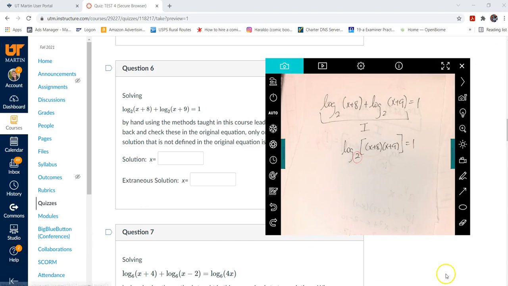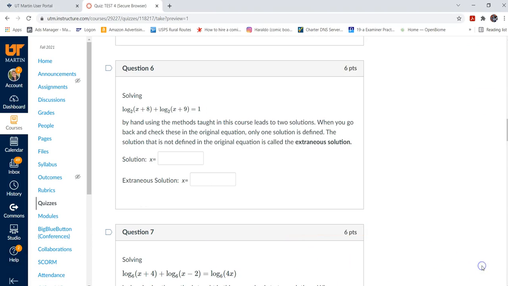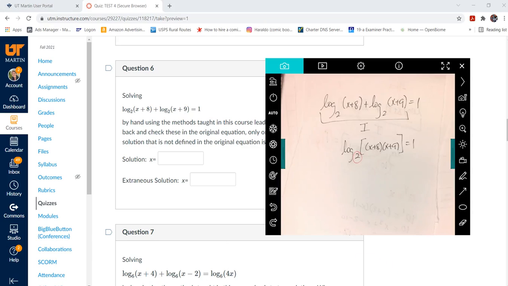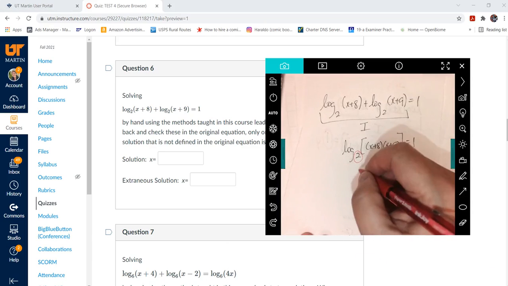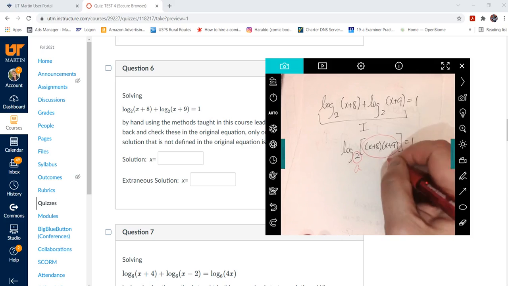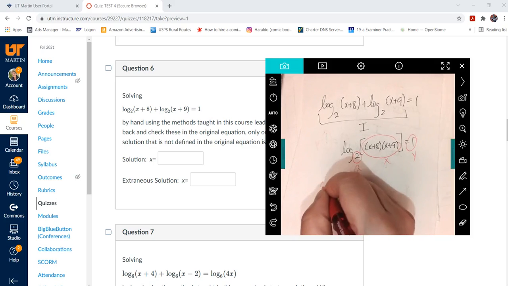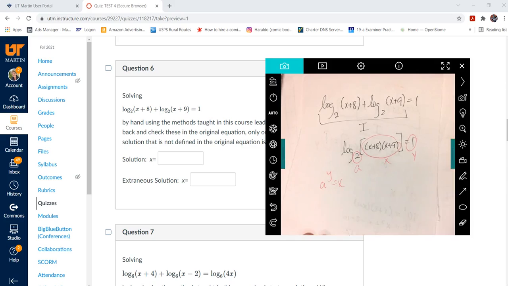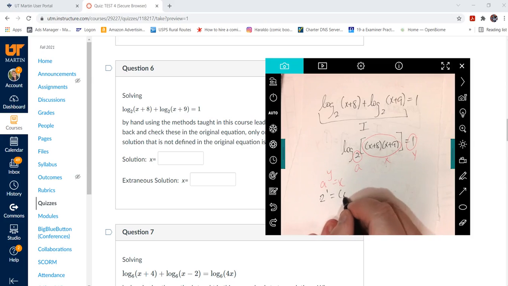Okay. All right, let me just, okay, so we're still going. Okay, so I'm going to have 2 to the first power equals this.